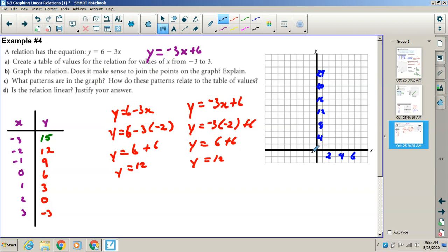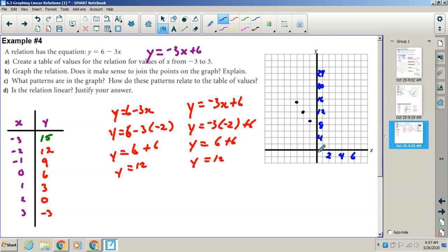This is negative 3, and 15 would be about, there's 12, 14, so right about there. So it's not on an exact grid line. Negative 2 and 12 should be right here. Negative 1 and 9, so there's 8, there's 10, so 9 would be right about there.